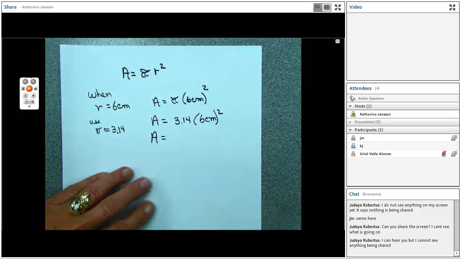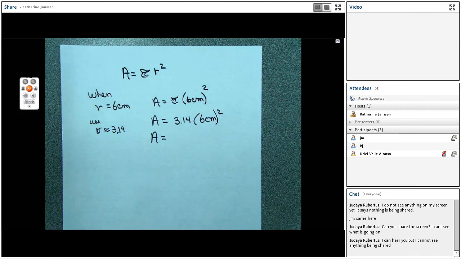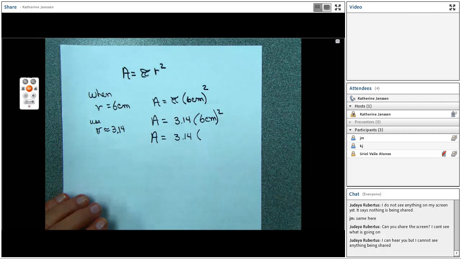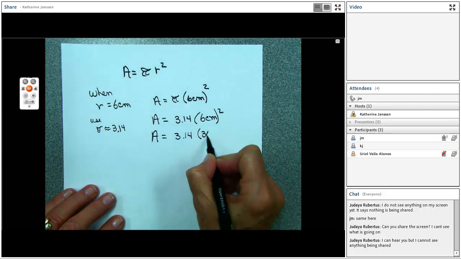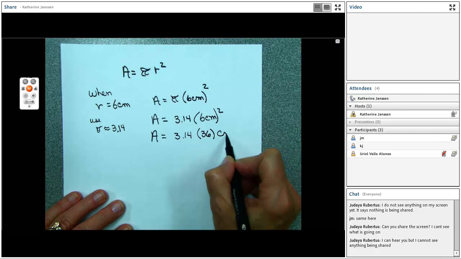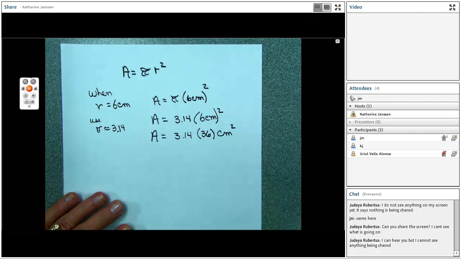Area is equal to 3.14 times 6 times 6 is 36. And centimeters times centimeters is centimeters squared.